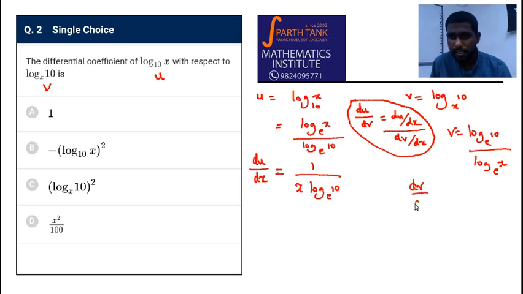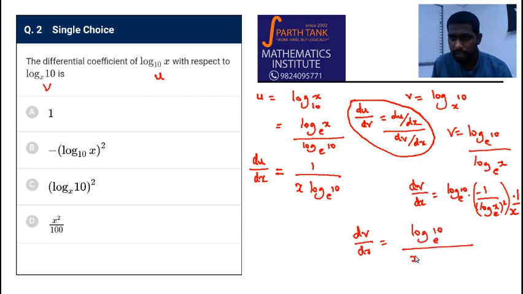So when you differentiate this, log 10 base e is constant, and this becomes minus 1 by log x base e the whole square, and 1 by x for the log, or dv by dx can be written as minus log 10 base e by x into log x base e the whole square. Now if you need du by dv, divide this by this.